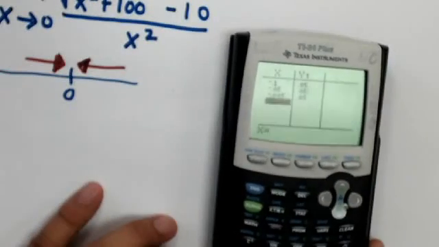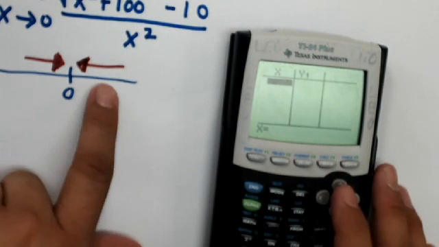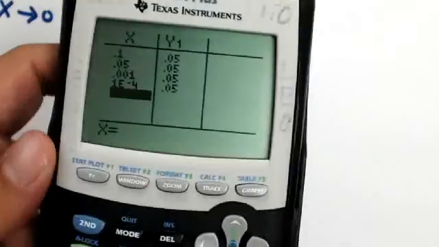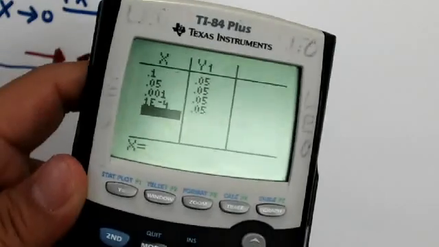Let's check from the right side. What numbers would you choose from the right side? You could choose 0.1, 0.05, 0.001, 0.0001, and each time the function is returning the value of 0.05.